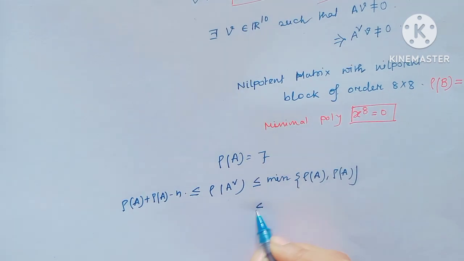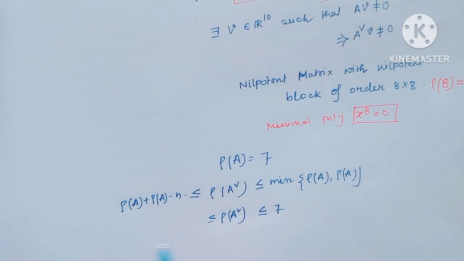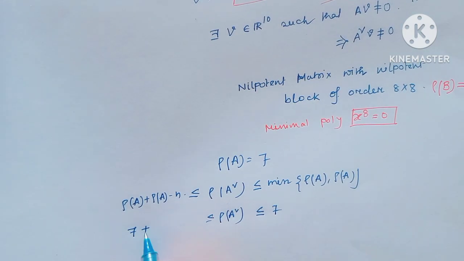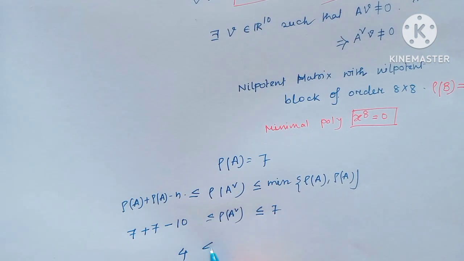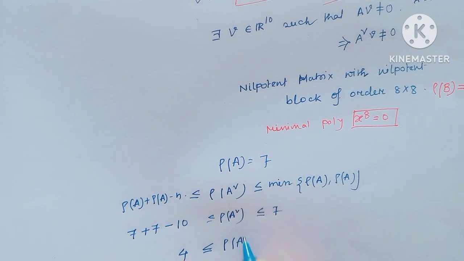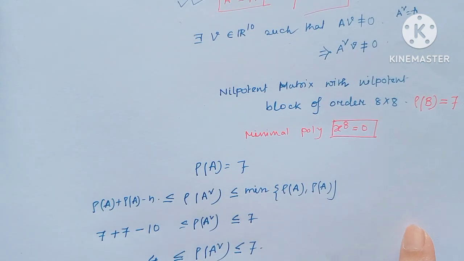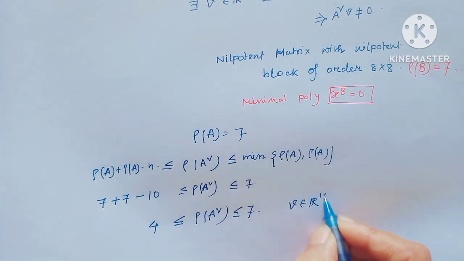That means it is less than or equal to 7 and greater than or equal to 7 plus 7 minus 10, which is 4. So the rank of A squared is greater than or equal to 4 and less than or equal to 7. For this, there always exists such a vector V belonging to R10.